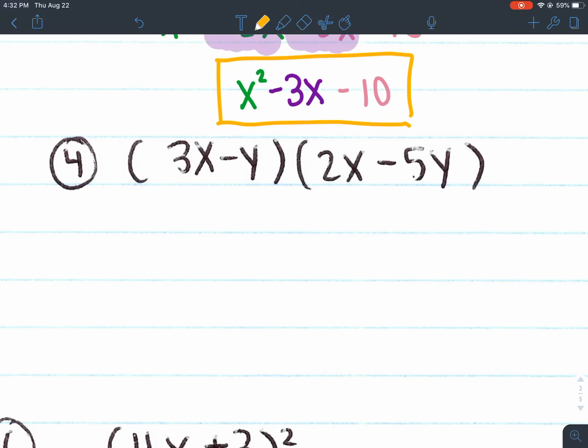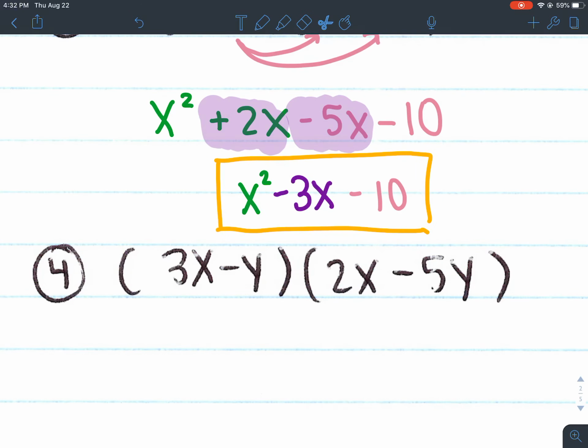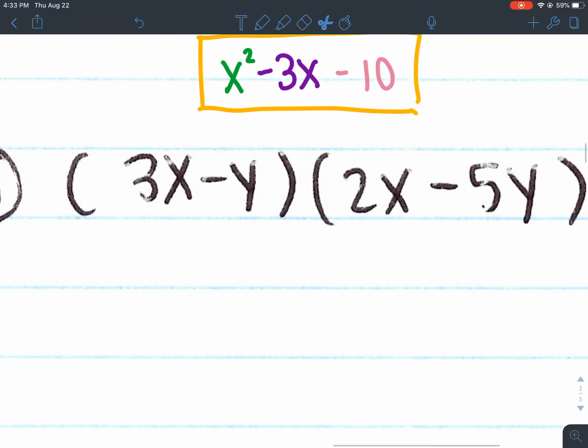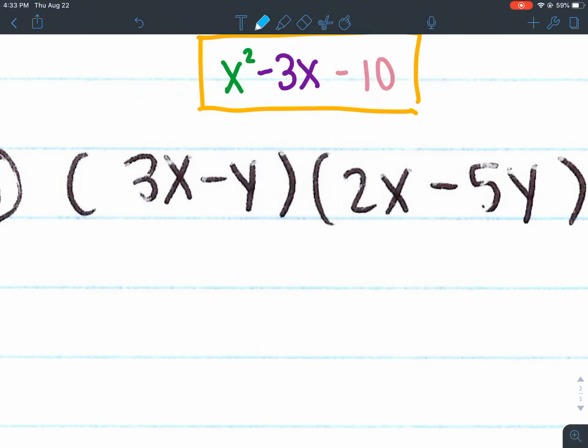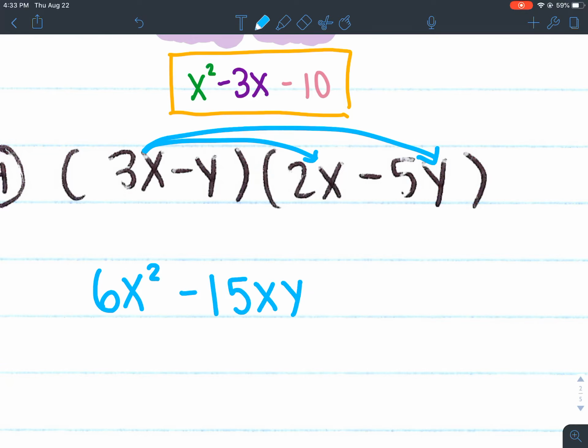All right, number 4. 3x minus y times 2x minus 5y. Again, looks a little scary, but you do the same thing you've been doing, which is double distribution. So we have 3x times 2x, which gives us 6x squared, because x times x is x squared. 3x times negative 5y is negative 15xy.